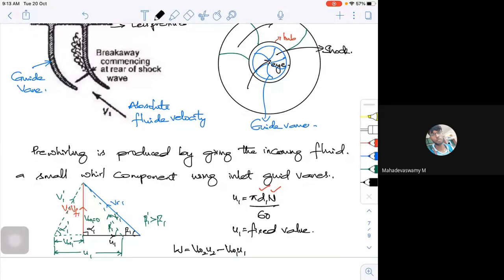It's going to reduce the compressor work at the given RPM. Say I have a rated RPM of 3000 or 3600 RPM. This pre-whirling will definitely reduce it. Let me write that also.